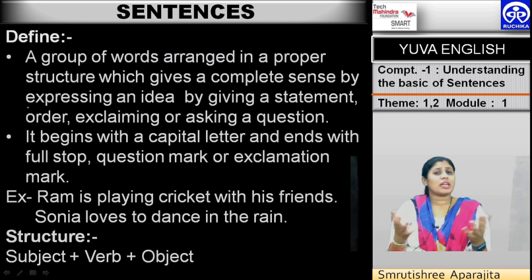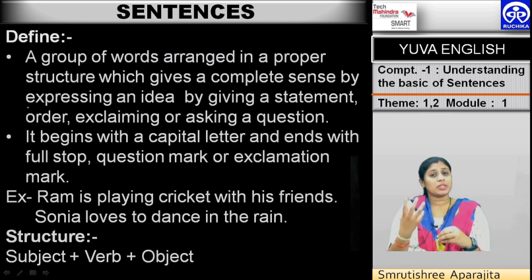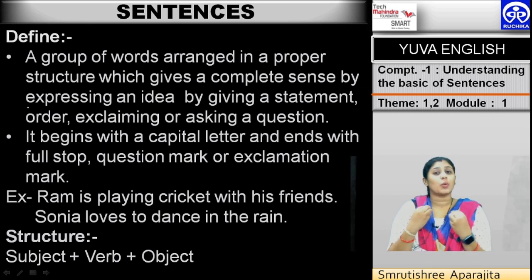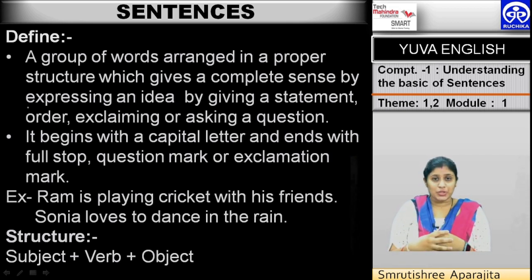Now, when we talk in our everyday life, when we talk with someone, we use some group of words. That word is the very basic unit of a language. So, when we are talking, we use words. Now, what are words going to do? Words are the magic of a language.